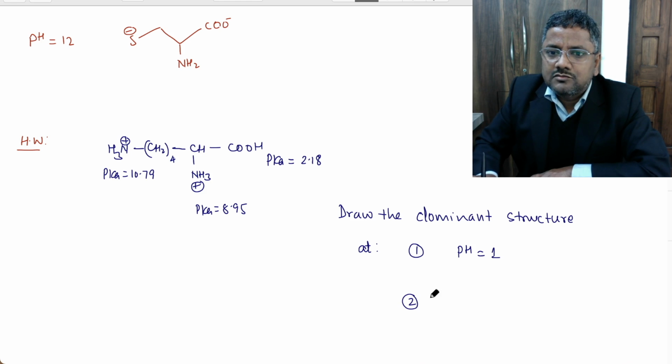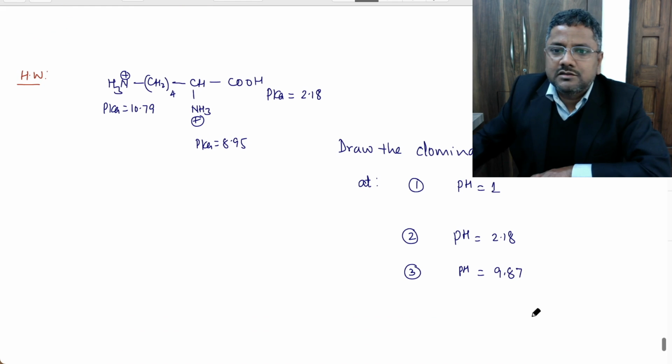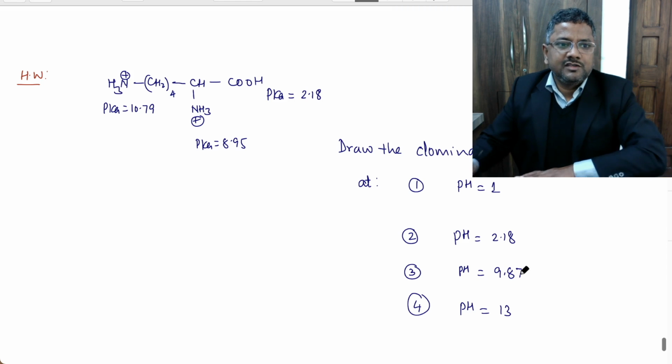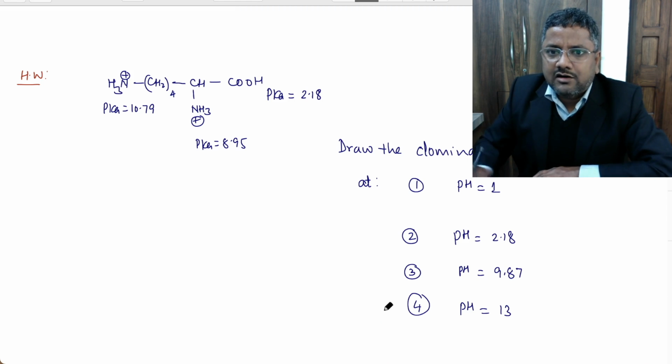Number 2, pH is equal to 2.18. Number 3, pH is equal to 9.87. And number 4, pH is equal to 30. Right? So draw the prominent structure and also find pI.